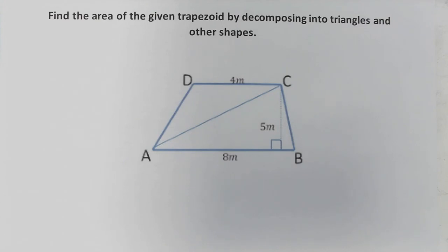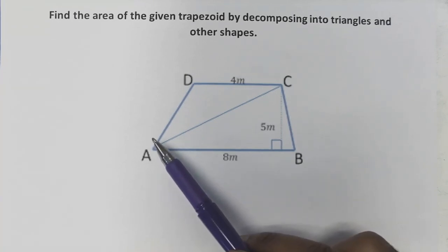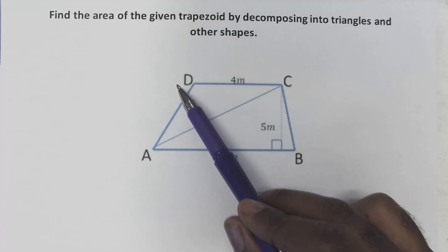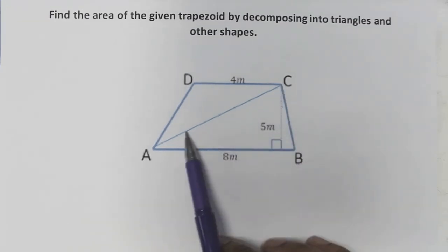Let's find the area. We have triangle A, B, C, and triangle A, C, D. Which one you want to start with? Okay, Harrison, we will start with triangle A, B, C.